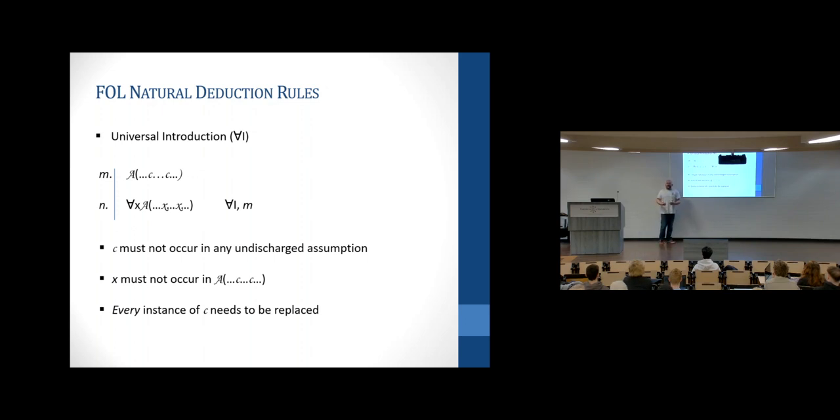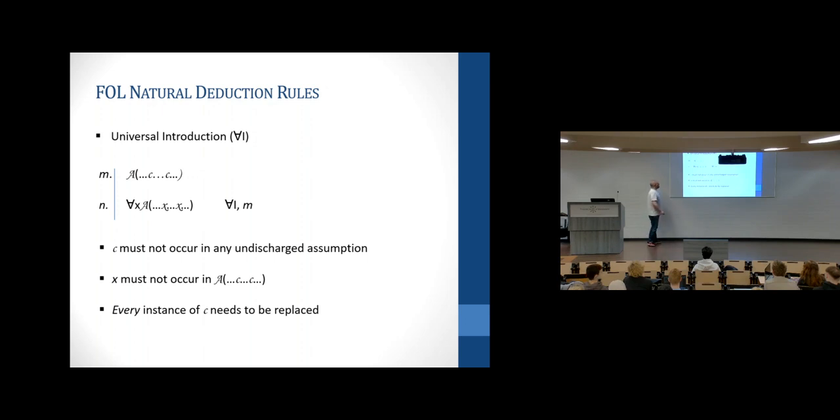So, syntactically, how do we actually restrict the rule? We'll say if you have a sentence that looks like this, with some name, C, in it, and C does not appear in any undischarged assumption. So what does that really mean? It means it's not in your opening assumptions, and if you're in a subproof, it's not in the sentence you opened your subproof with.